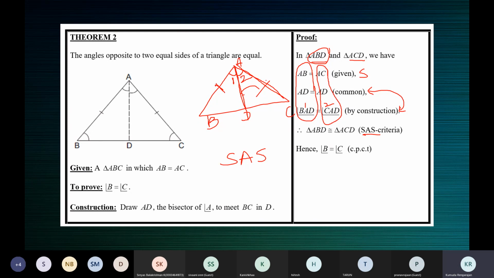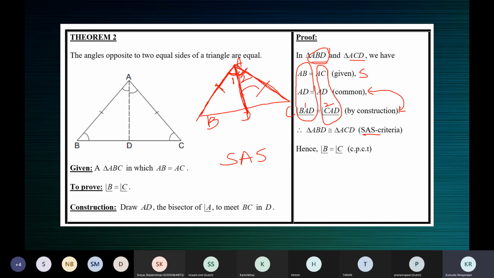So once you have the details with you, you will first decide the rule. You know you have one pair of equal sides, and this one is common, and you also understand that angle 1 is the included angle, the angle included between these two sides. In the first triangle, AB and AD include angle A. In the second triangle, AD and AC are the arms of angle 2.